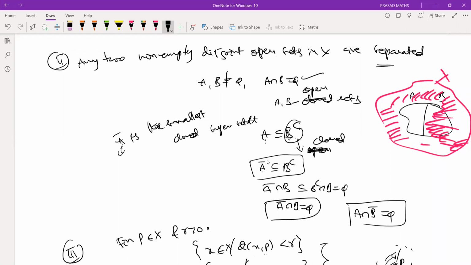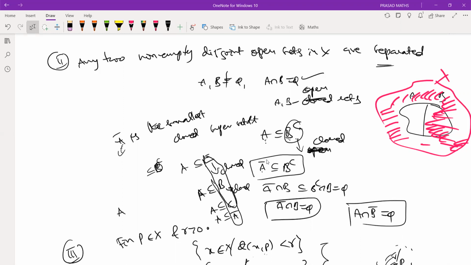So therefore A closure is contained in B complement. Suppose you take any closed superset of A. Suppose B is a closed superset of A. Suppose C is a closed superset of A. A closure is also a closed superset of A. Among all of these, the smallest is A closure. So A closure is contained in B and A closure is contained in C. These are always true.